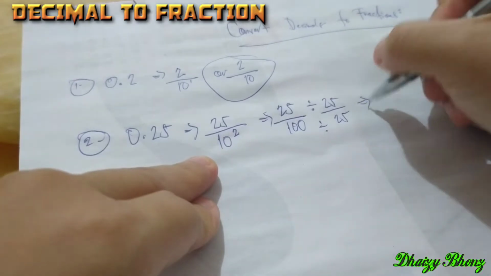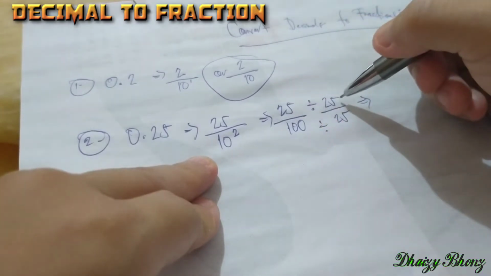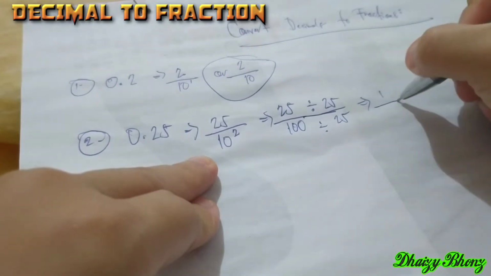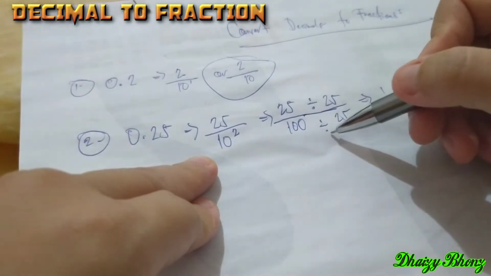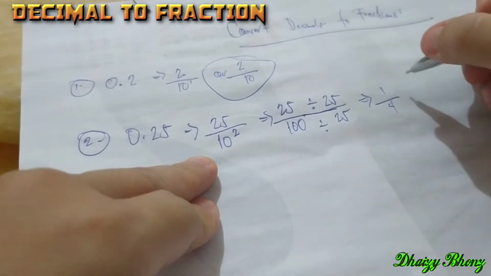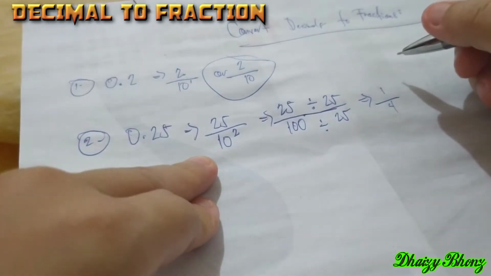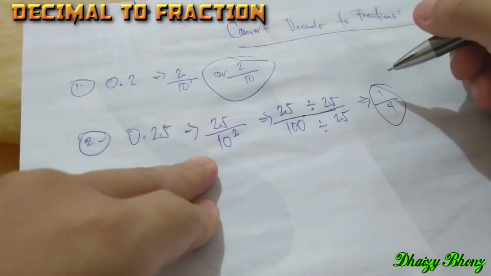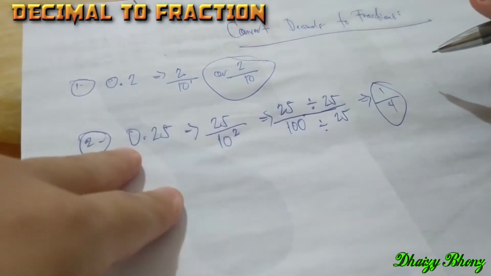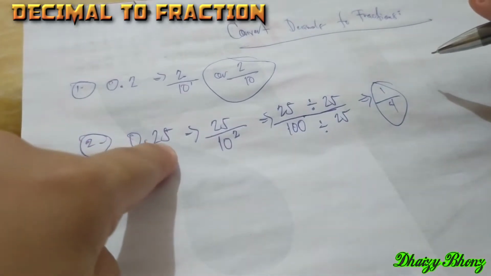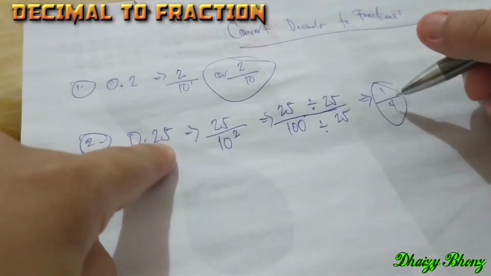We have 25 divided by 25 is 1 over 100 divided by 25, we have 4, right? So, as simple as that, we have 1 over 4. For the decimal problem 0.25, it became 1 over 4.